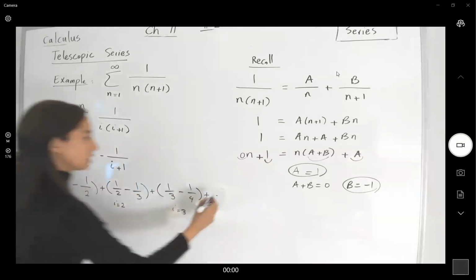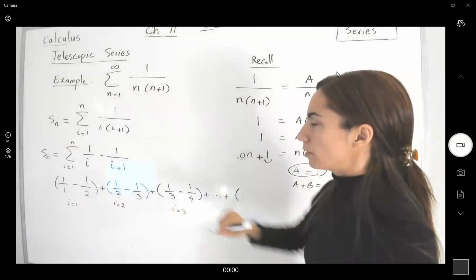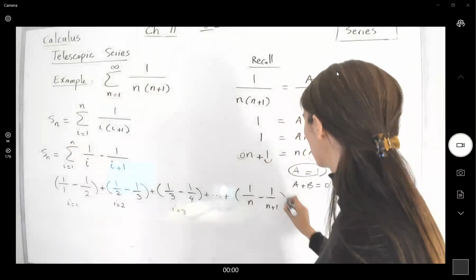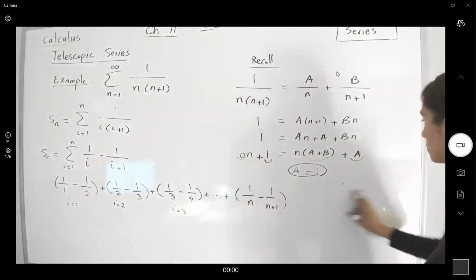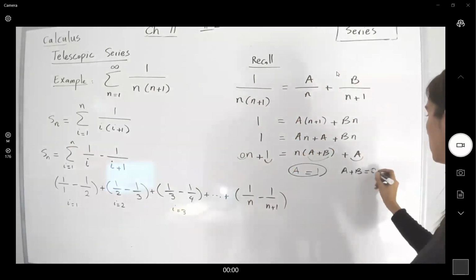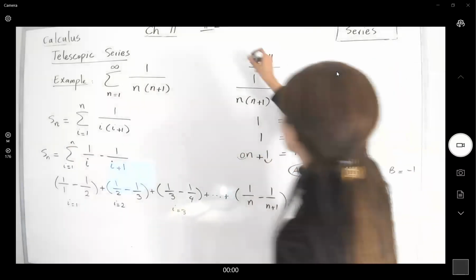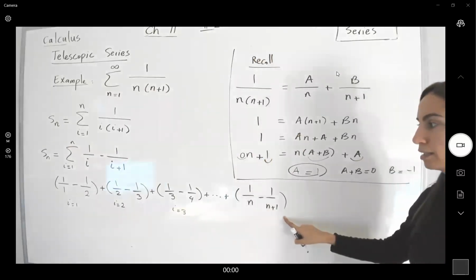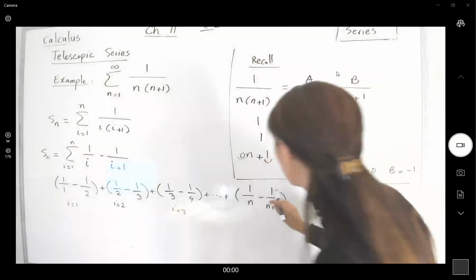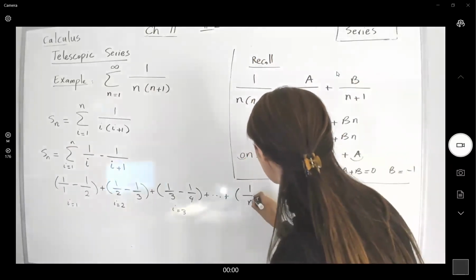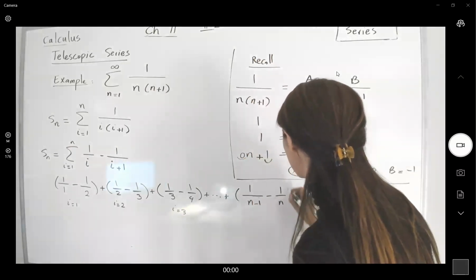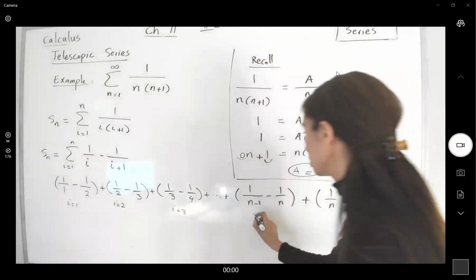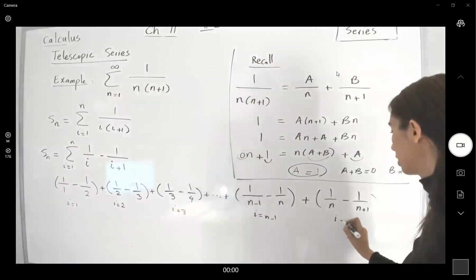And if I plug in n, I get 1 over n minus 1 over n plus 1. Before this addend, if we plug in n minus 1, we have 1 over n minus 1 minus 1 over n. So this is when I is n minus 1, and this is when I is equal to n.